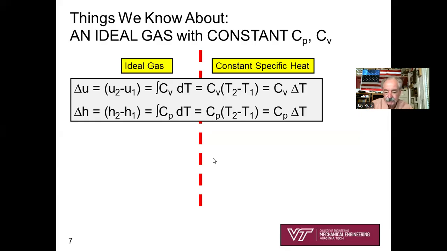Well, we can simplify, notice my dashed line here: delta U for constant specific heat is simply C sub V delta T, and delta H is simply C sub P delta T whenever the specific heat is a constant value. And we're going to be jumping back and forth between C sub P and C sub V being constant and being variable throughout this chapter.